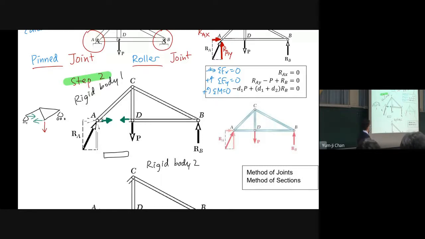Now, we come to high school physics again. We have action and reaction, because originally we have this bar here. If we have one force acting on point D to the left, it means we have one force acting on rigid body 2 to the right.